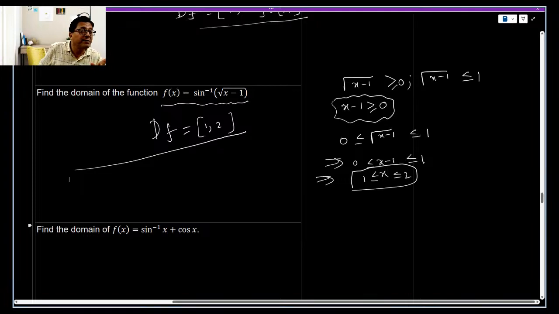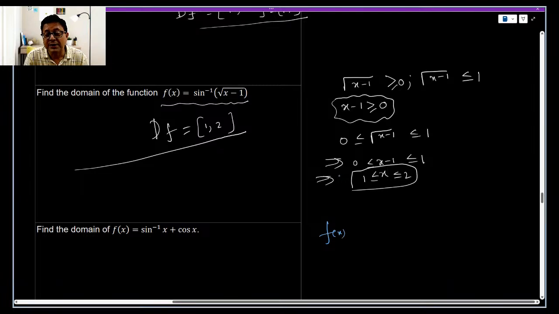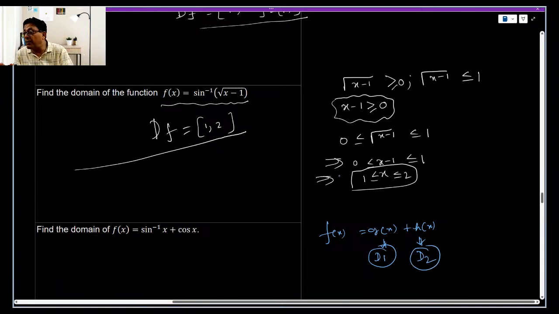You know sine inverse x, you know cos x, and from class 11 you have seen that if there are two functions, f(x) equal to g(x) plus h(x), and the domain of g(x) is D1, the domain of h(x) is D2, and the function is the sum of these two, then the domain of function f(x) will be the intersection of these. Am I correct?